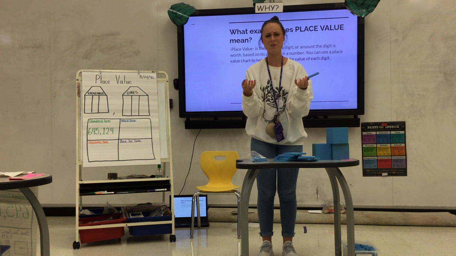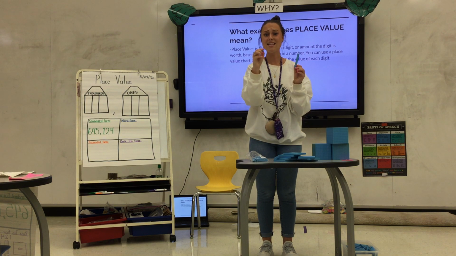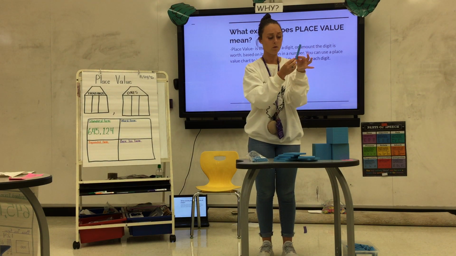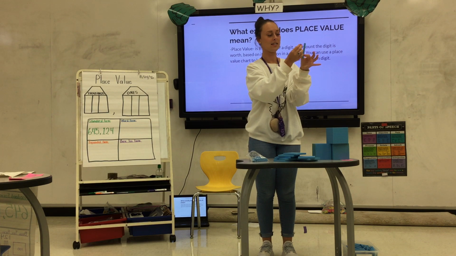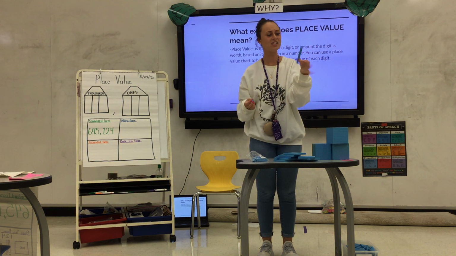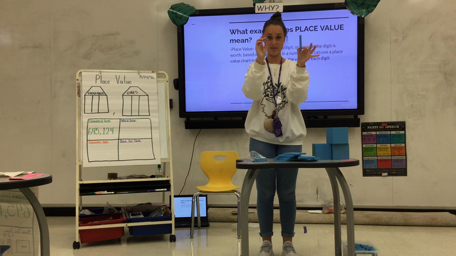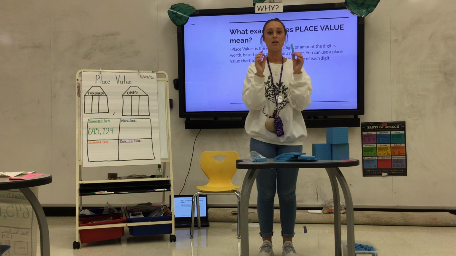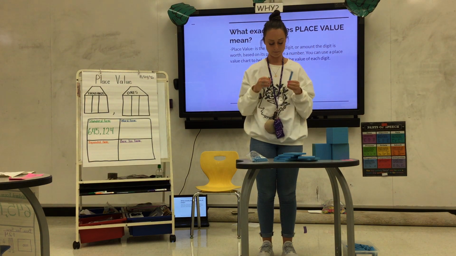No, it wouldn't be the same amount because this is just one little piece. And this is actually 1, 2, 3, 4, 5, 6, 7, 8, 9, 10. This is actually 10 ones. This is 10 of these little ones. So this is kind of how we're going to show how the digit changes.